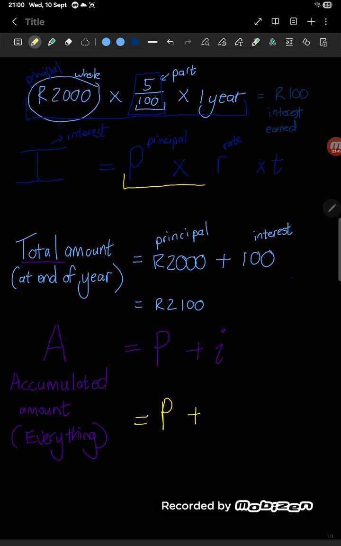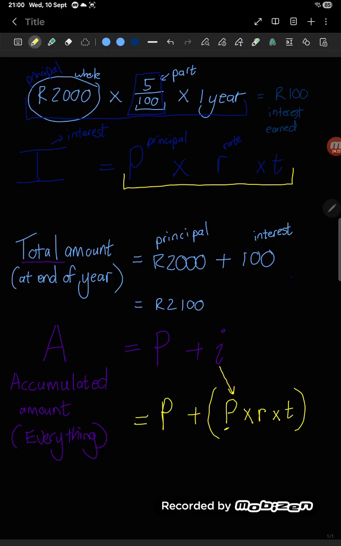My formula for interest. How did I originally find interest? I found interest, and I'm going to put this in a bracket so that you can see it's by itself, by taking the original amount times the rate, in other words the percentage or the part of 100, which makes it a part of that whole, times the amount of time that I have it in the bank for.